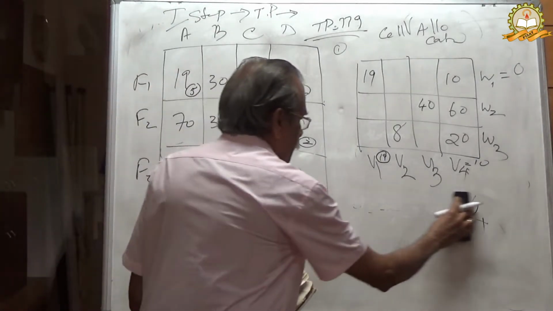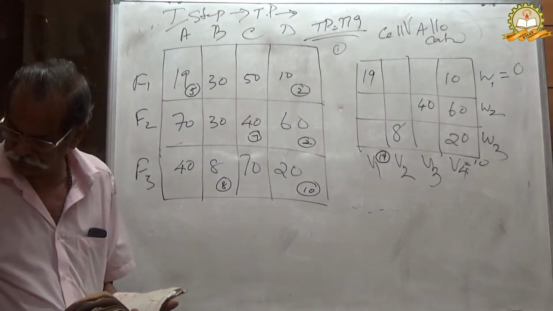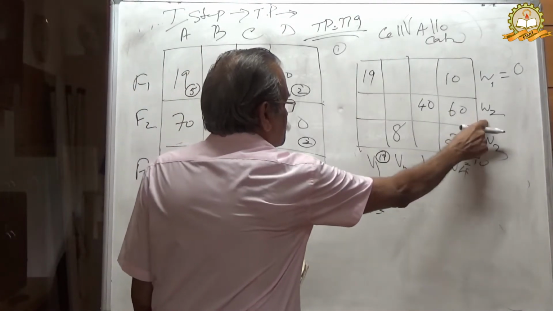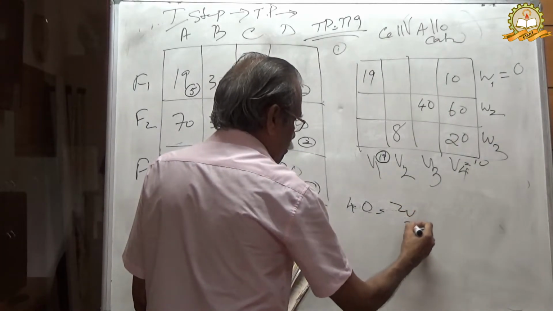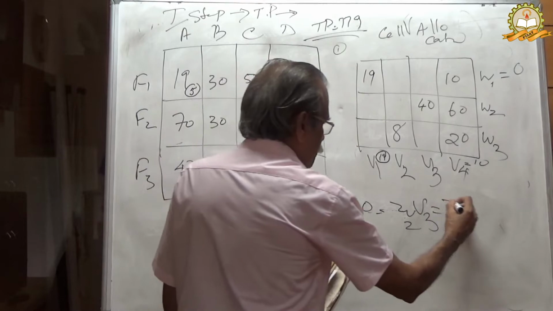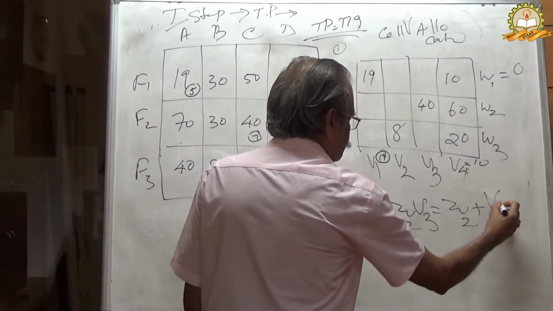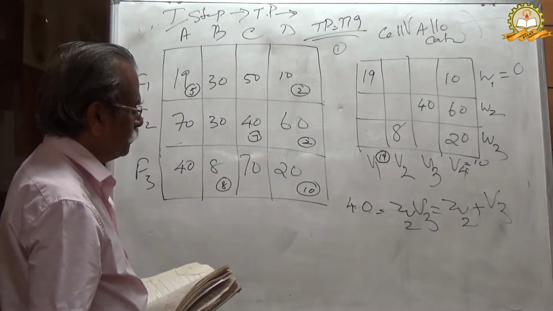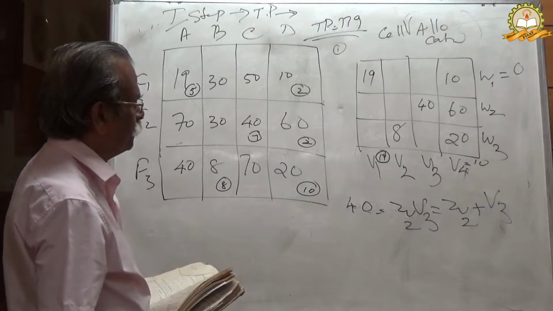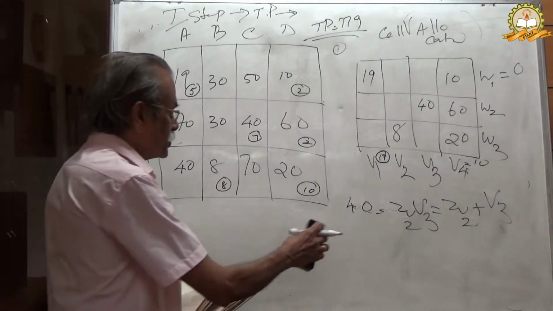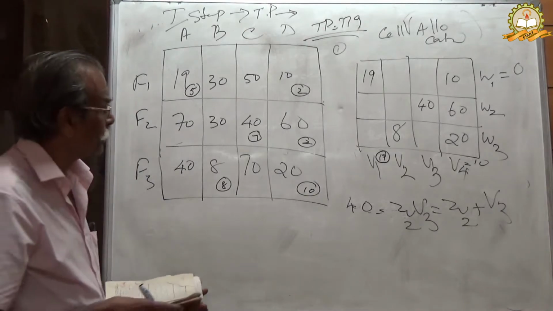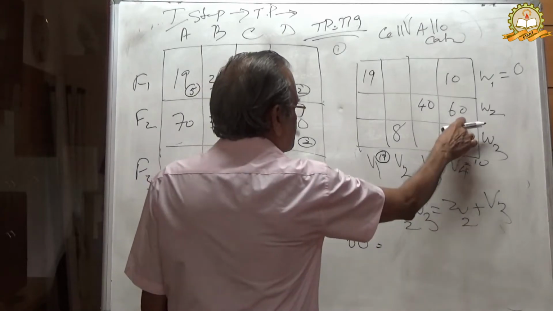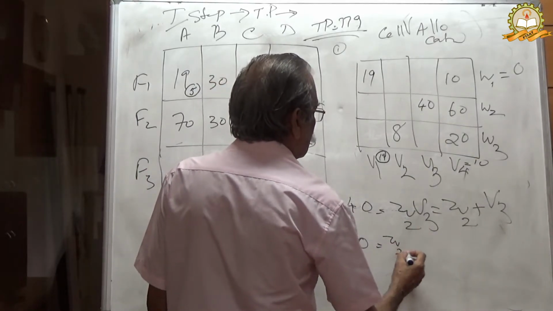Then next one, 40 equals U2 plus V3. Equation number 1, let it be there. Second one, 60 equals U2 plus V4.